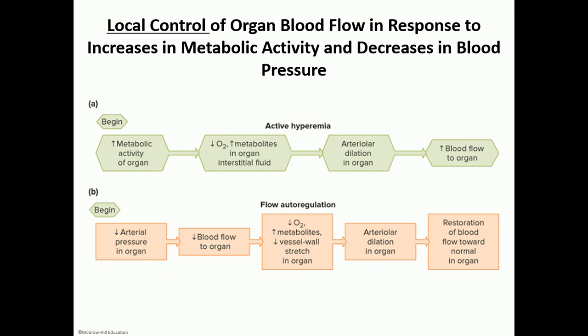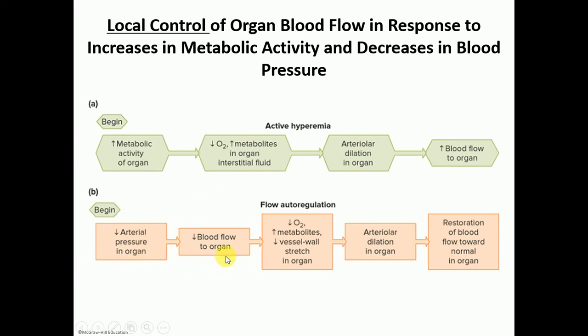Now, there's another way, besides the metabolites, where the organs could autoregulate their needs. Let's say there is a decrease in pressure to the whole body, and arterial pressure to the kidneys has decreased.